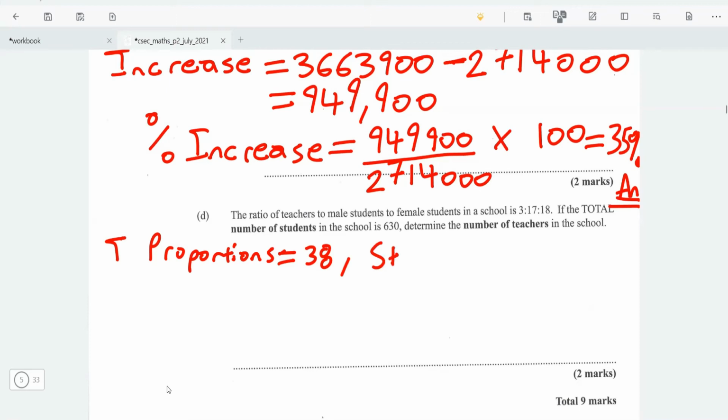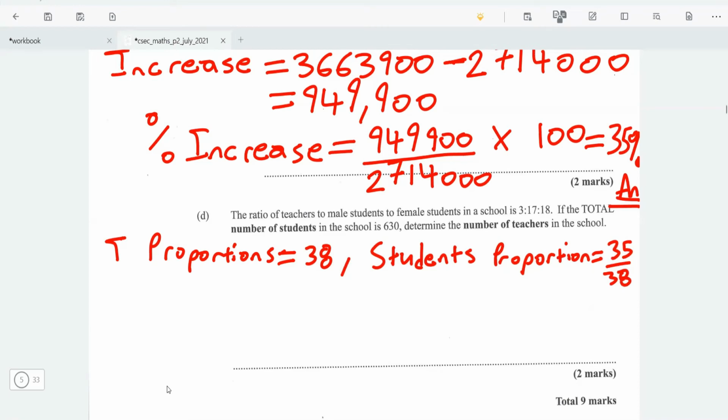The students' proportion, so students' proportion, we know that is going to be the 35 right here out of 38. 35 out of 38. How did I get 35? 17 plus 18 is 35.